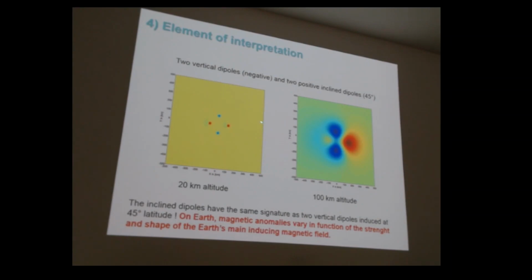Now we can play around with this stuff and see that any combination will provide you with a different shape at a different altitude. So they vary as a function of the strength and shape of the Earth's main inducing field, but also the map depends on the altitude.